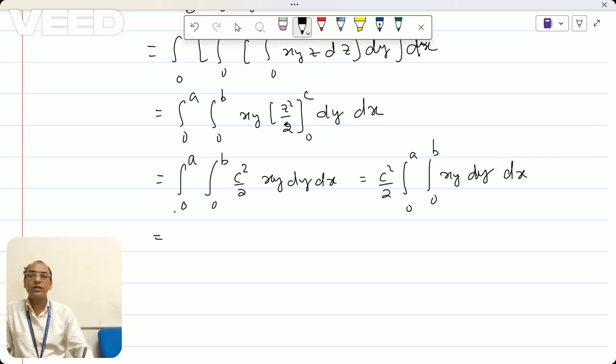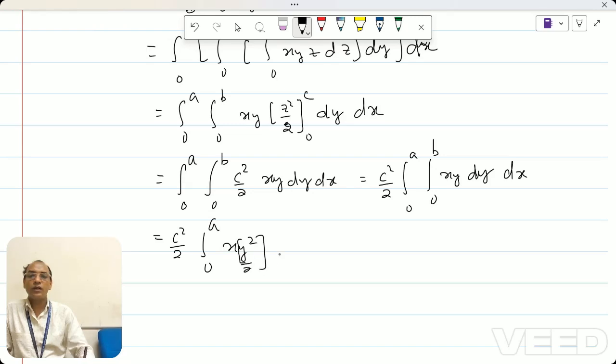Now we can further simplify here: c square by 2 integration 0 to a. Now I will integrate it with respect to y. So we will get xy square by 2 and the limit is 0 to b and then dx. So that means I will get c square b square by 4 and remaining thing is 0 to a x dx.